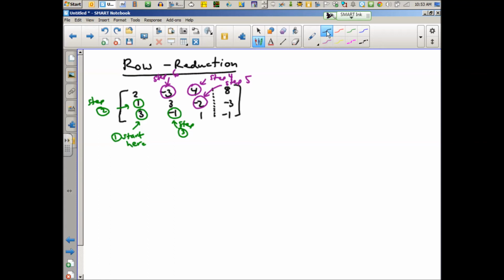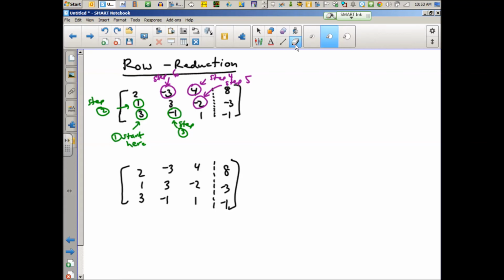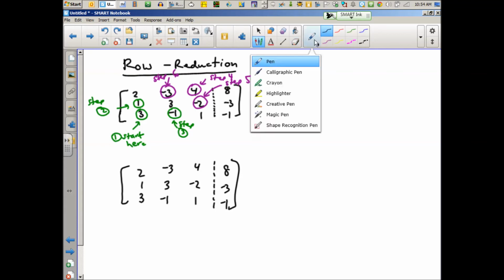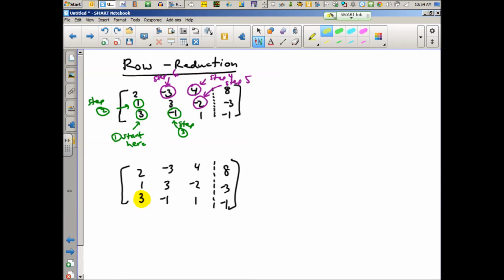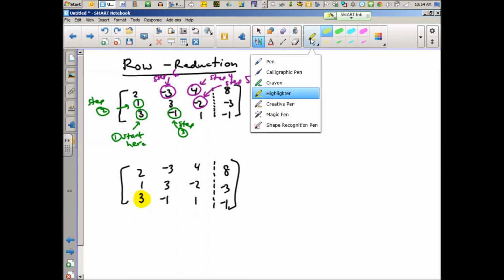All right? So where's my first target spot? Lower left. So I'm shooting for this spot right here. Trying to make that a 0. How am I going to accomplish that? Watch close.